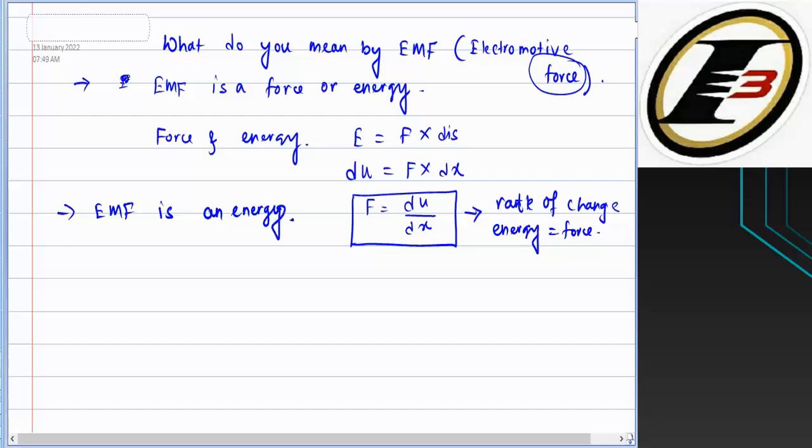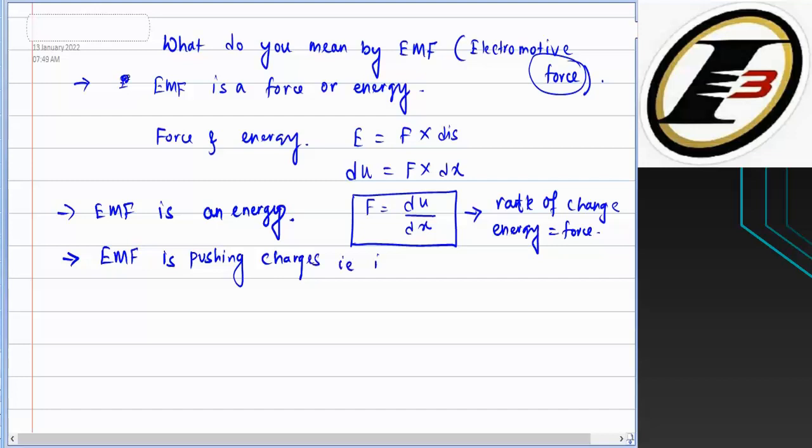So what does this EMF do? Now it applies force. EMF is pushing charges.